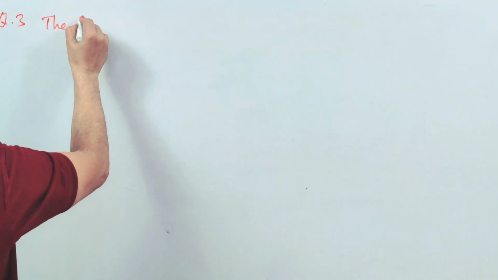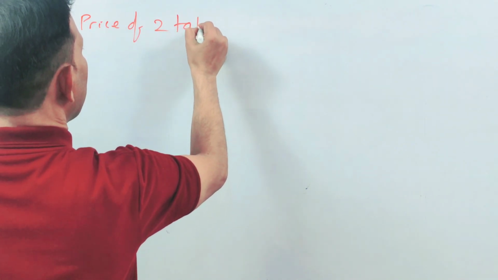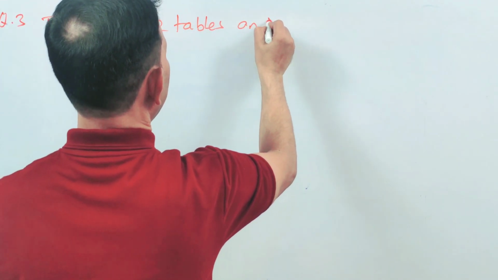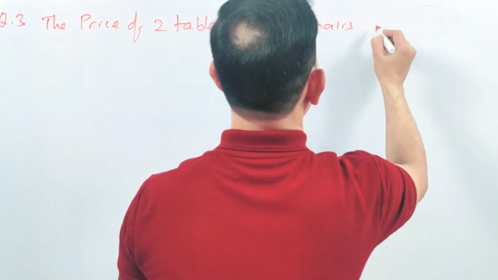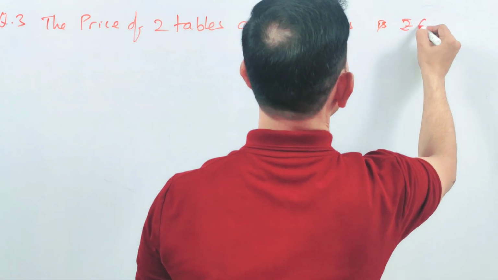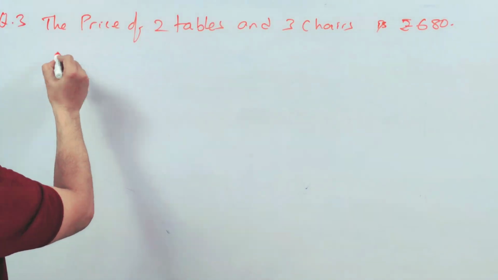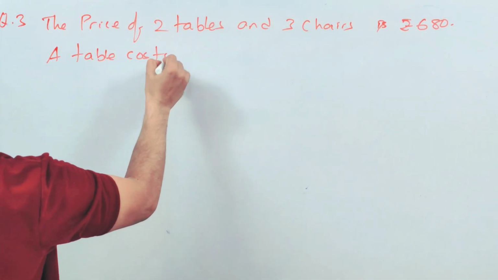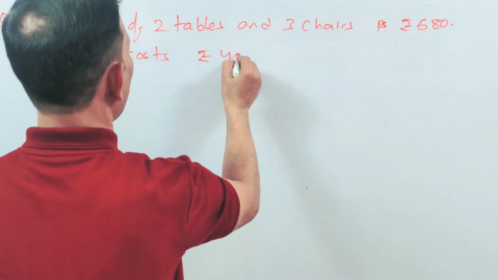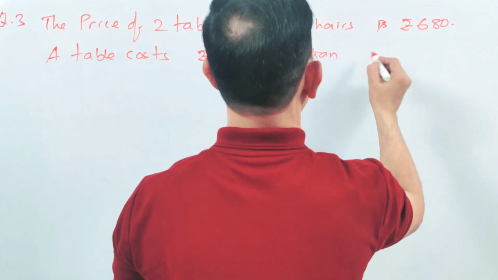The price of 2 tables and 3 chairs is rupees 680. A table costs rupees 40 more than a chair.